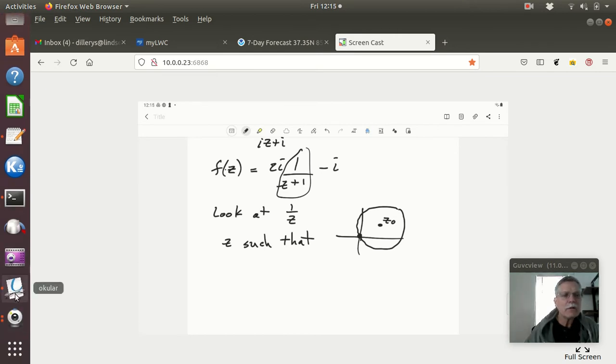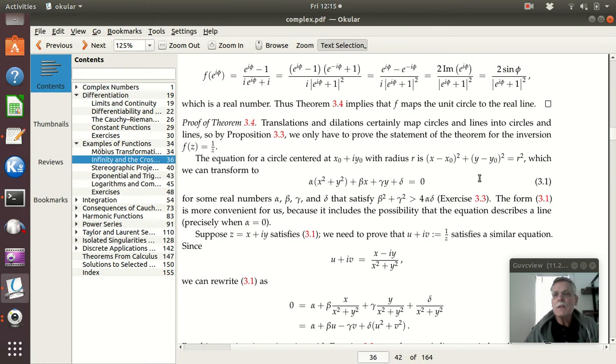Okay, so let's look back here. So what I'm going to do is write this thing down here. So we'll have x minus x0 squared for that circle, plus y minus y0 squared, and then that's going to equal x0 squared plus y0 squared, because that would be the magnitude squared.